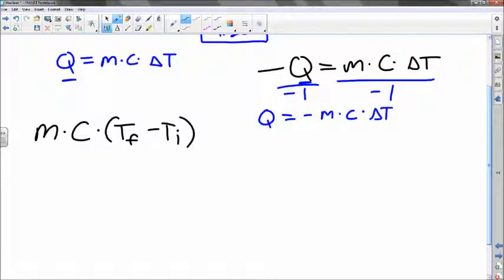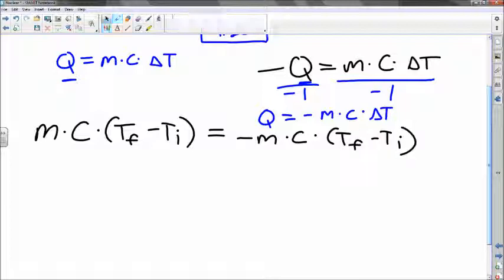Remember, when we do change, it's always final minus initial. That has to be equal to the negative of the mass for the steel times the specific heat of steel times the final minus the initial temperatures for the steel.